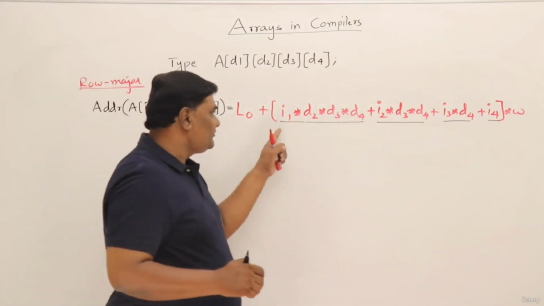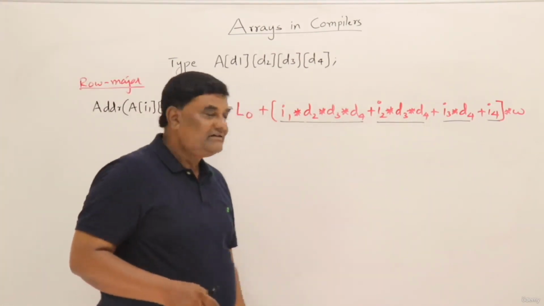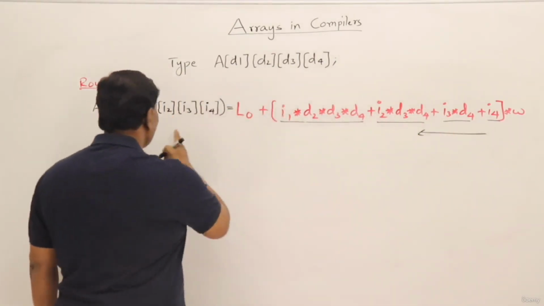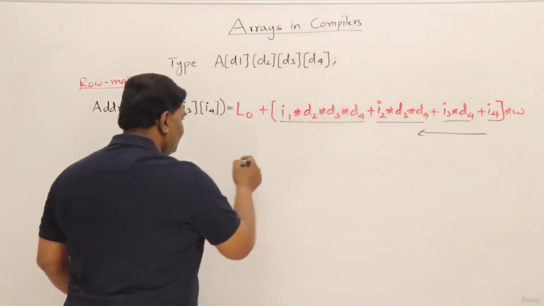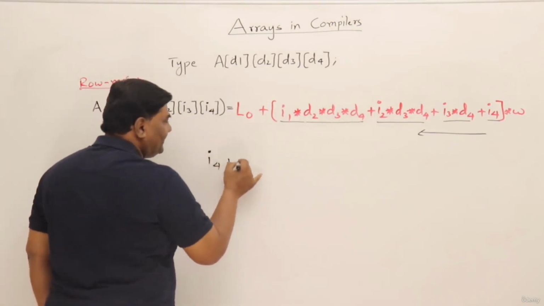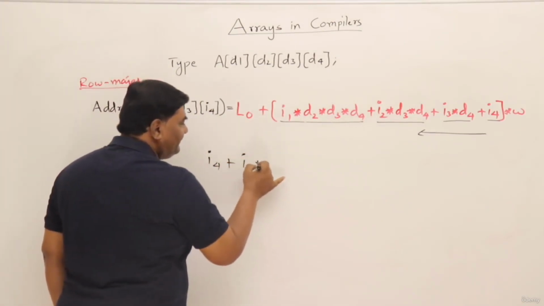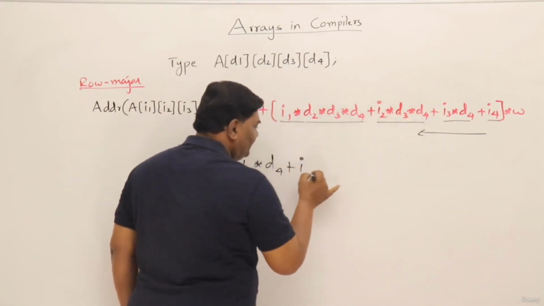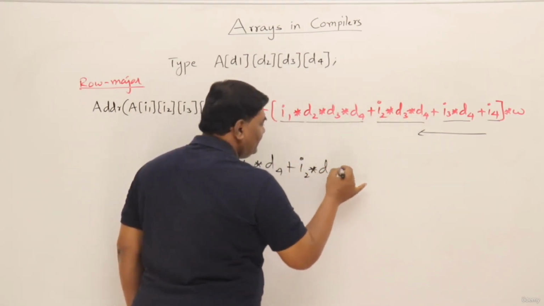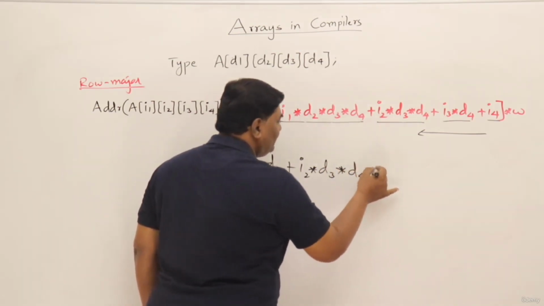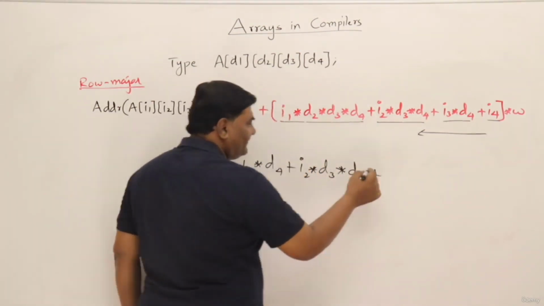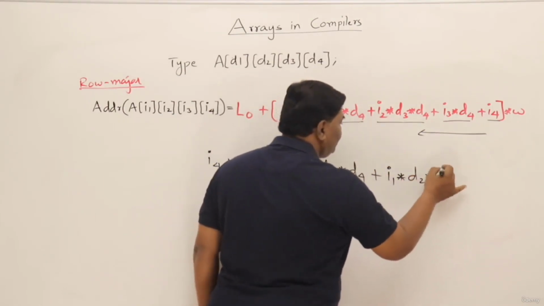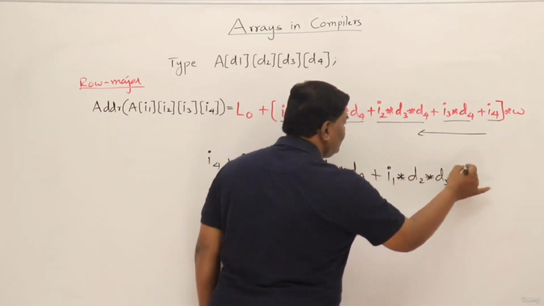I will take only the portion of the formula that is inside the brackets and I will write the formula from right towards left. This is the row major formula. I am just writing it in reverse. So this is I4 plus I3 into D4 plus I2 into D3 into D4 plus I1 into D2 into D3 into D4.